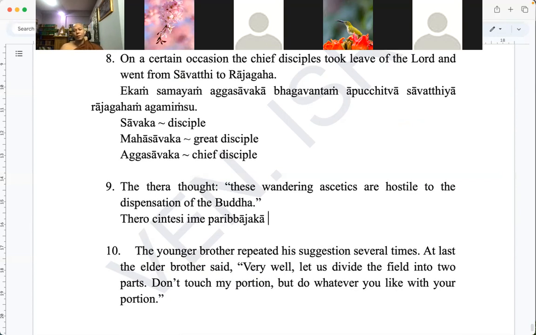Hostile means enemy, so that is fine. Bija may da is adjective, enemy. But here, ime paribbajaka is plural nominative case. Bija made, so hostile to the dispensation of the Buddha. So Buddha Sasana Sa Bija made ti. Okay. Tiro Jade Si Ime Brevajaka Buddha Sasana Sa Baja Ti.